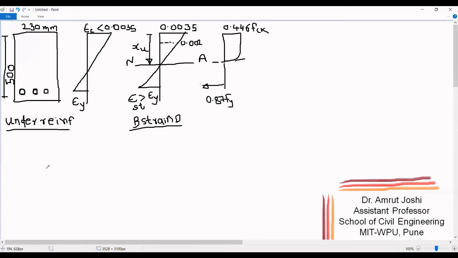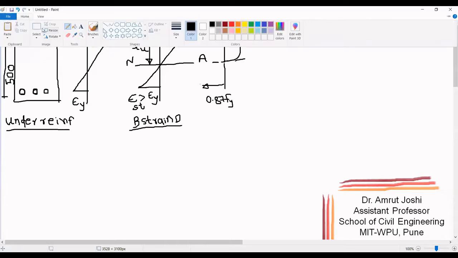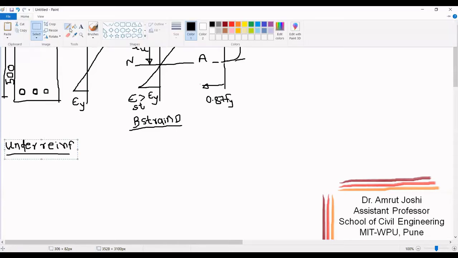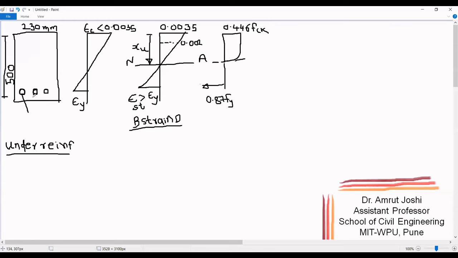And let us say this beam is reinforced with 3 bars of 12 mm diameter on the tension side. So this beam is subjected to sagging, and it is reinforced with 3 bars.